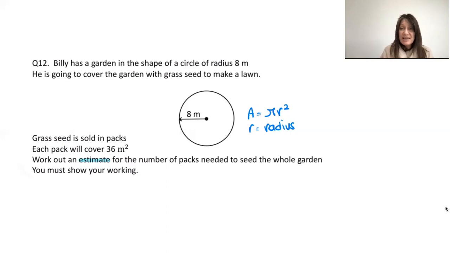It's substituting into that formula. I'll let you know that pi is equal to 3.14 and on and on it goes. So you've got no calculator, it's an estimate question, you've got that additional knowledge, hit pause if you want to and press play once you've had another stab at it.